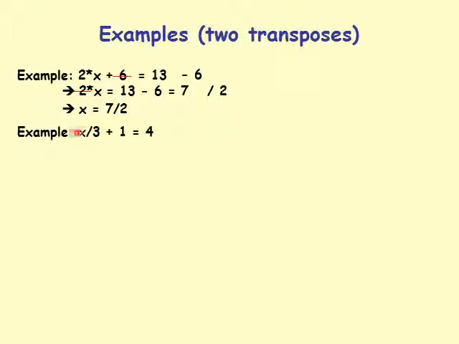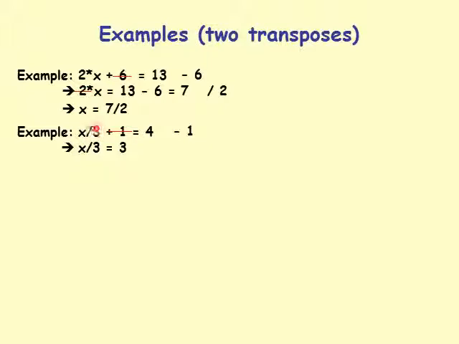Here's another one: x divided by 3 plus 1 is 4. Move that plus 1 to the right, which means an added term gets transposed to a subtracted term when we move across the equal sign. So it becomes minus 1.